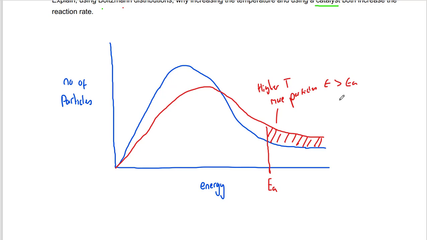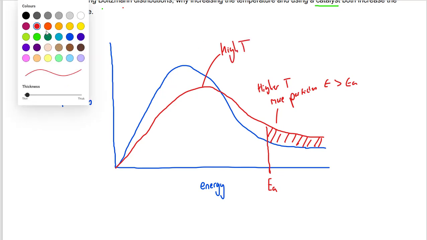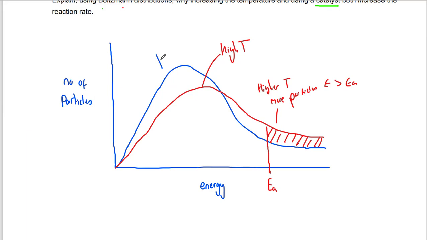Again, there are pitfalls, and the typical pitfalls are the drawings of these graphs. So it's of paramount importance you don't be lazy here. You have to draw the higher temperature lower and to the right. I would also label them as well, so maybe just label it high T, and also for the blue one, just label it as low T, just so the examiner is absolutely clear on what you're doing.